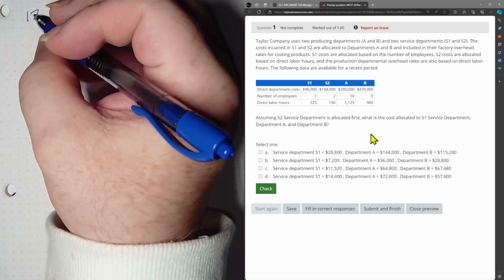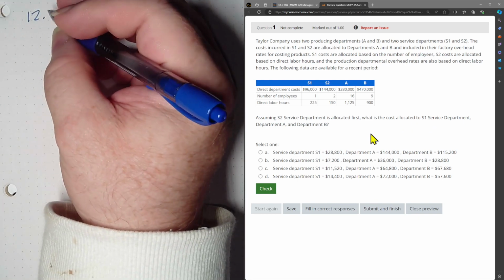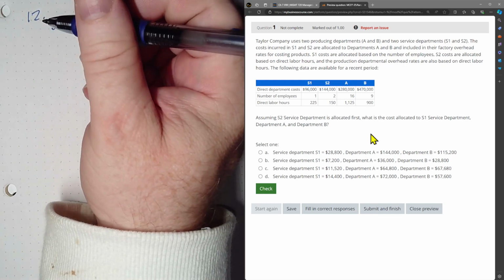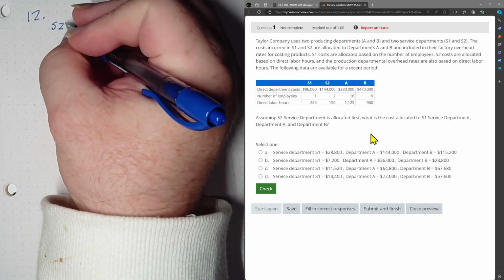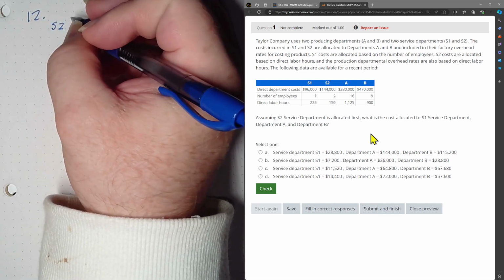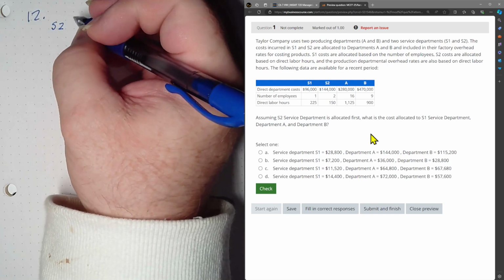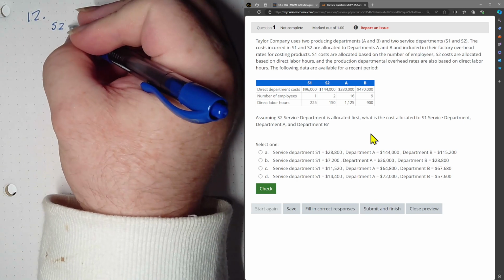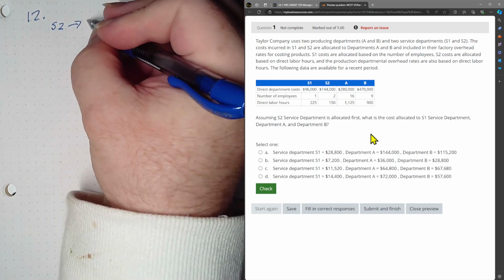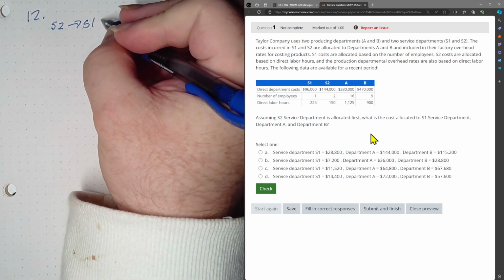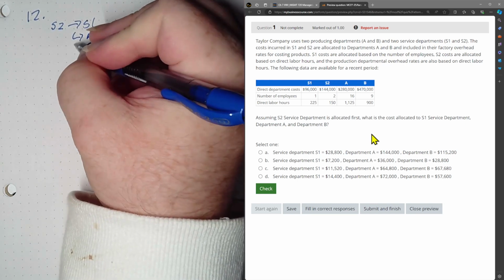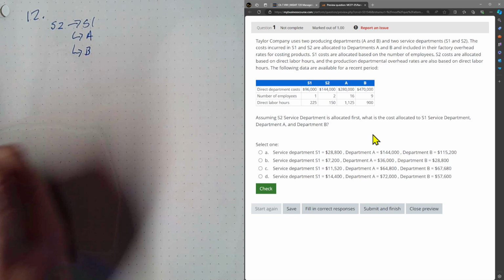Basically they're saying we need to figure out, so it's a slightly different question, what is the amount of S2 and then how much gets allocated to S1 and to A and to B at the same time.